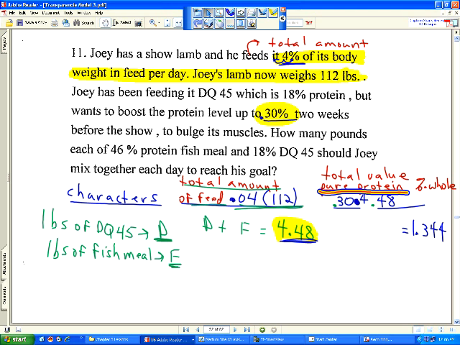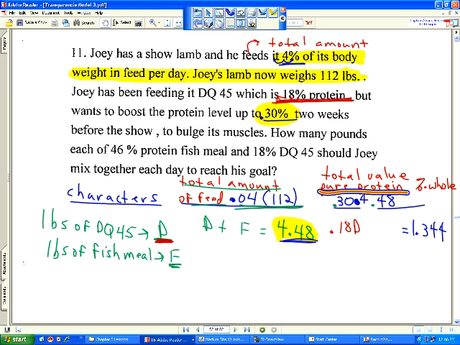Now, how do I get the amount of protein in D pounds of DQ45? It's 18% protein. To find the amount of protein in D pounds of this, I take my percentage as a decimal, 0.18, times the amount of feed, D pounds.